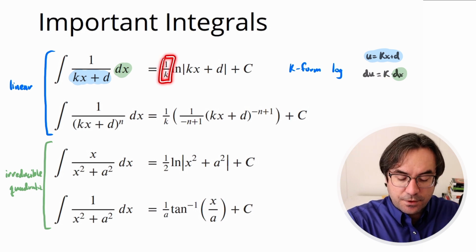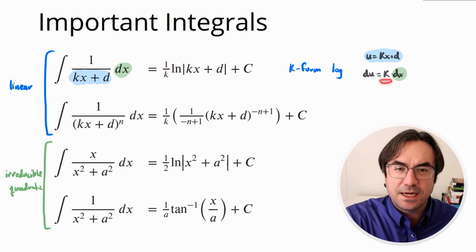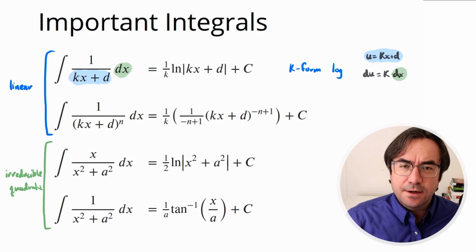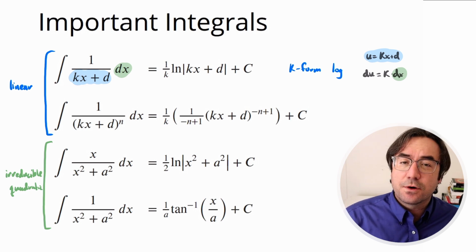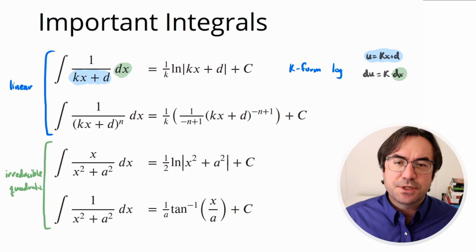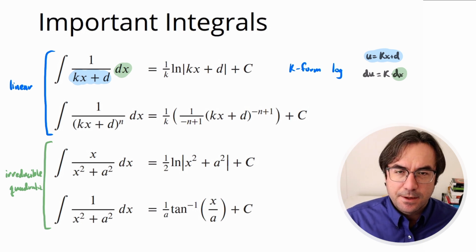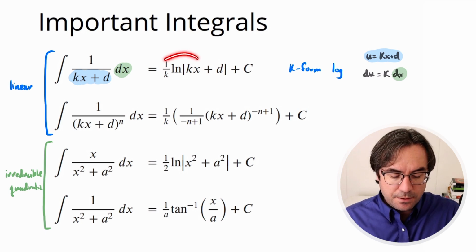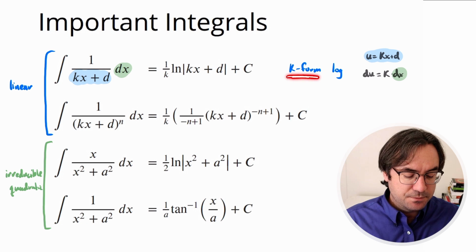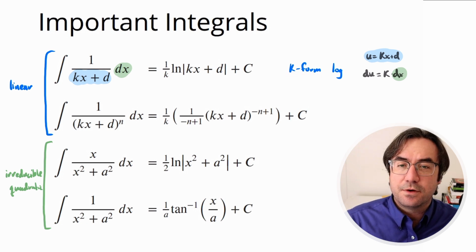So that's where the 1 over k is going to come from. We divide both sides by k. All right, so we're not going to go through all the details there, but this is just a simple u substitution. We're going to see this form enough where you're not going to be expected to go through the u substitution every single time. So just something to have memorized, really. And this is just a k form for a log function.